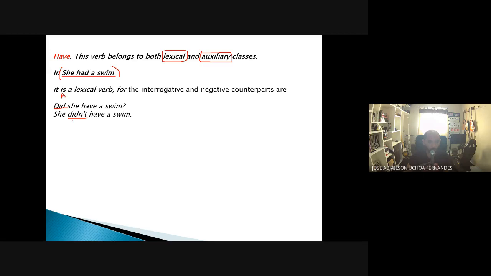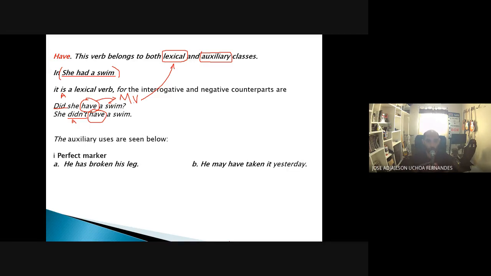In both cases, do is an auxiliary and have is what we call the main verb, and consequently, it is a lexical verb. Lexical verbs are those main verbs. So there's not much difference between talking about main verbs and lexical verbs.